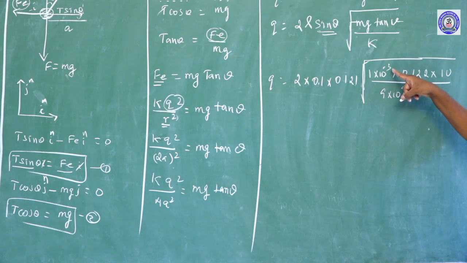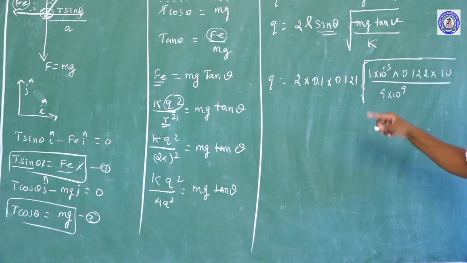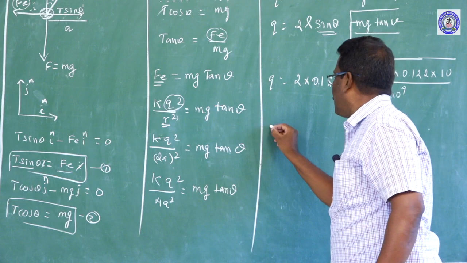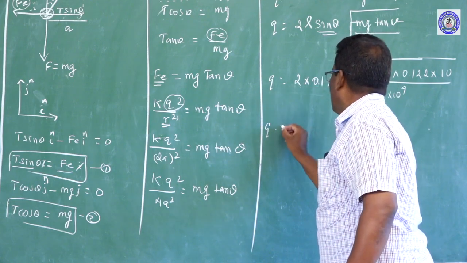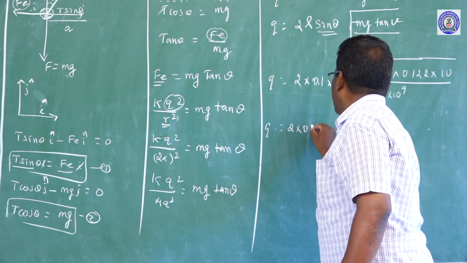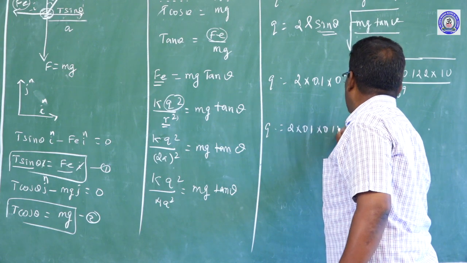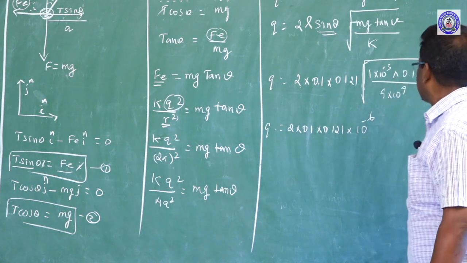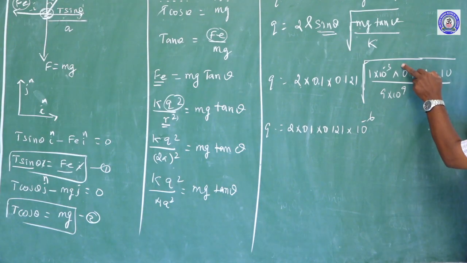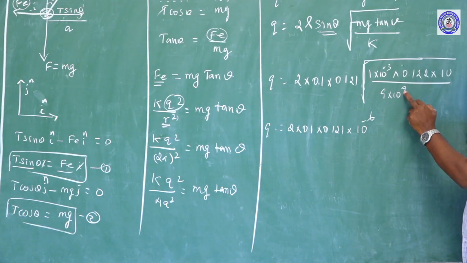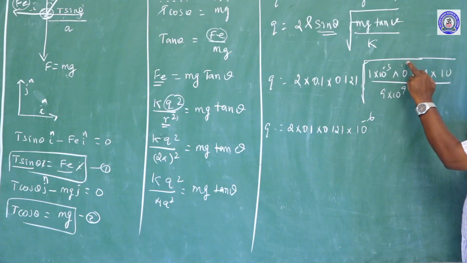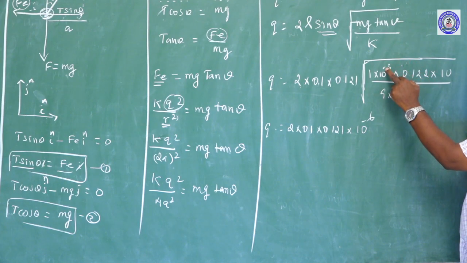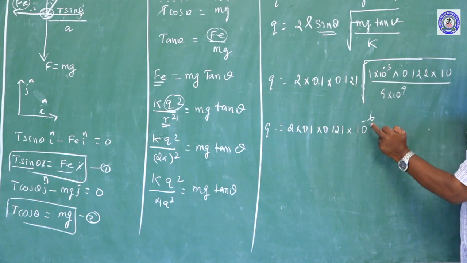Inside the root it is minus 12, taking outside the root becomes 10 power minus 6.